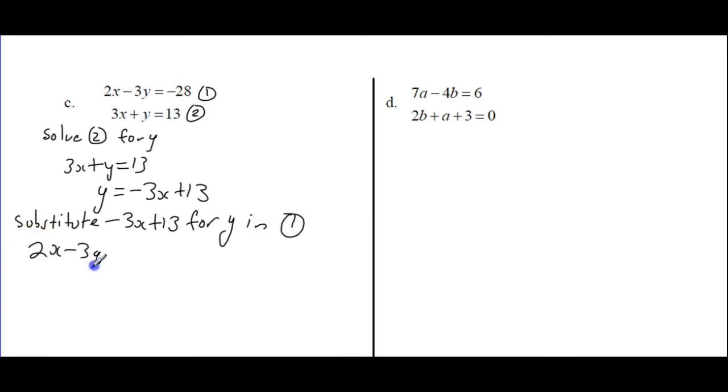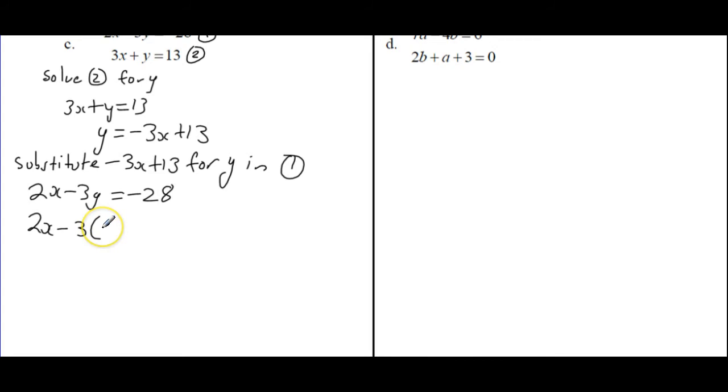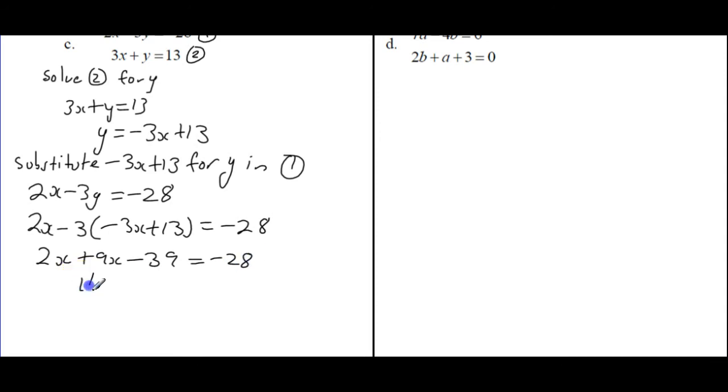Well, what's equation 1? 2x minus 3y is negative 28. 2x minus 3 times negative 3x plus 13, that's what we're substituting for y, equals negative 28. 2x, we get here, plus 9x minus 39 equals negative 28. So it'll be 11x. Let's add 39, is 11, and x is equal to 1.